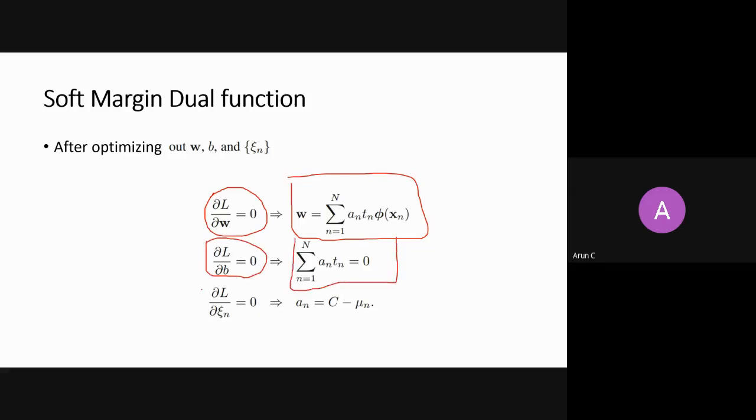And the third thing, we take the derivative with respect to psi, and this is what we get. This is the third constraint. This is my first constraint, this is my second constraint, and this is my third constraint.